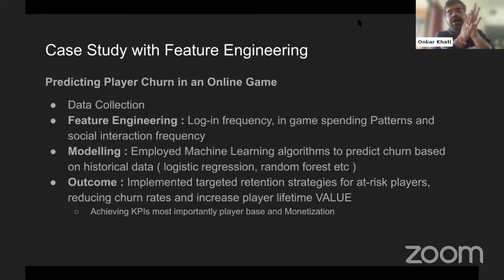So the machine has a huge amount of data to learn from, on player behavior and player signups. Based on this input data, you need to design a whole process where the end goal is that the machine can actually predict the churn pattern for any user across your game.